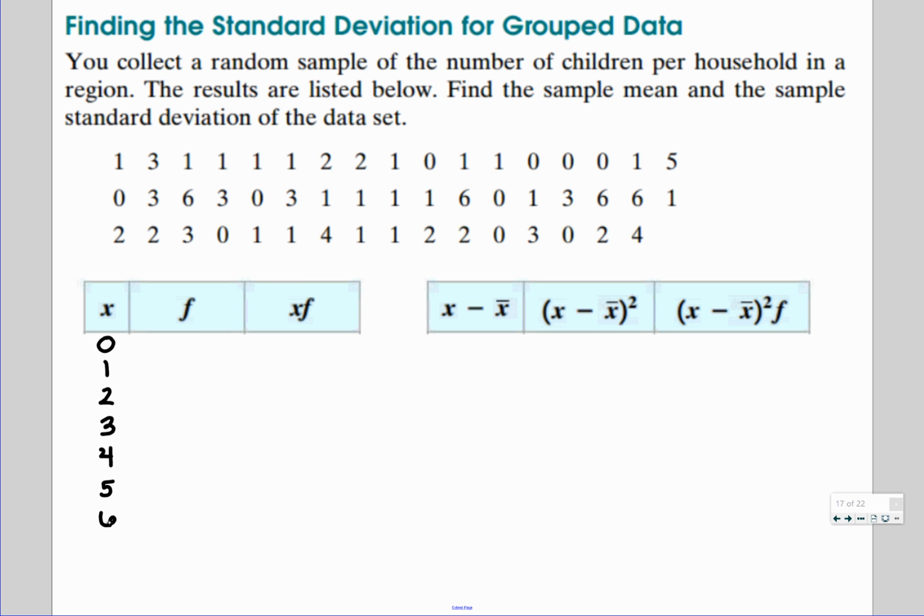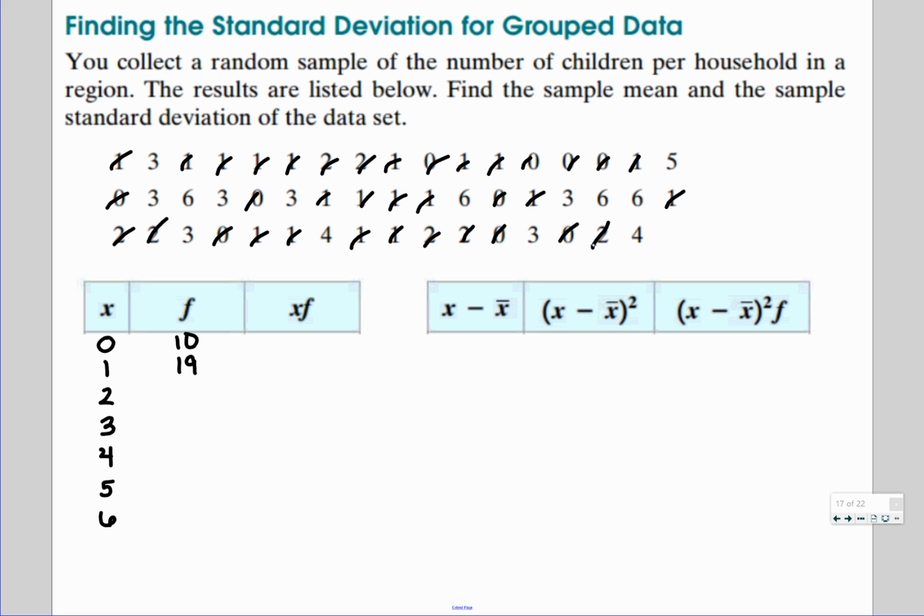Now we're going to count up how many times each of those occurs, cross them out as you go. Count up my zeros: 1, 2, 3, 4, 5, 6, 7, 8, 9, 10 zeros. Ones: 19 ones. Twos: 7.